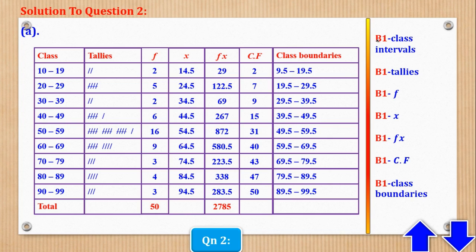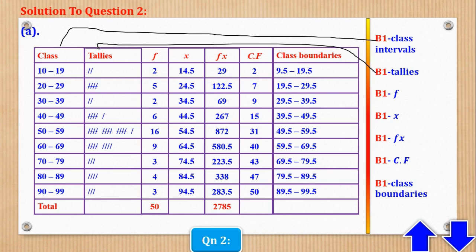So B1 is for the correct class intervals, generating these class intervals correctly. Then another B1 is for the correct tallies. Then another B1 is for the correct column of CF corresponding to the tallies. Then B1 again for the mid-mark class or class mark.